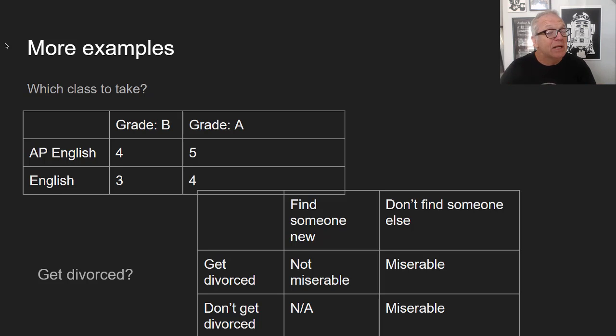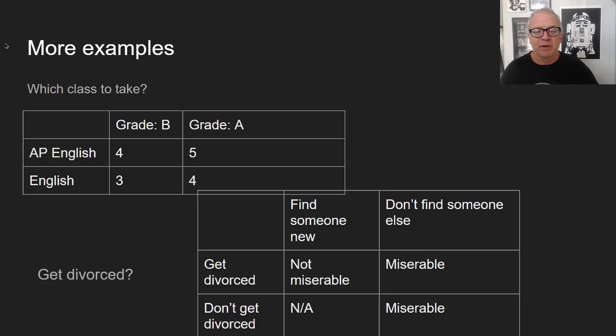And one of the things we need when we do formalized decision theory is to be able to quantify the stuff we like, the things we want out of it. So we need to attach numbers to it. Here it's easy. We can just treat GPA as the thing you're after, and 5 is more desirable than a mere 4 in GPA calculations.